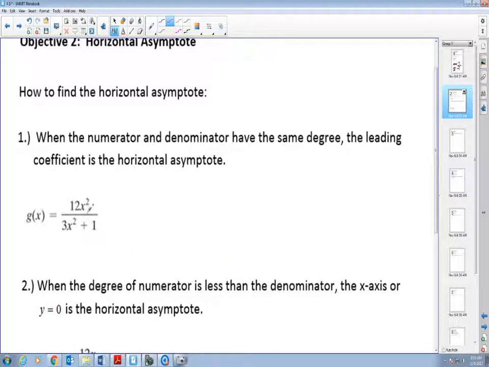In my example here, the degree of my numerator is 2, the degree of the denominator is also 2. So same degree, the leading coefficients give the horizontal asymptote. That will be 12 over 3, and 12 over 3 is 4. So my equation for the horizontal asymptote is y equal to 4.